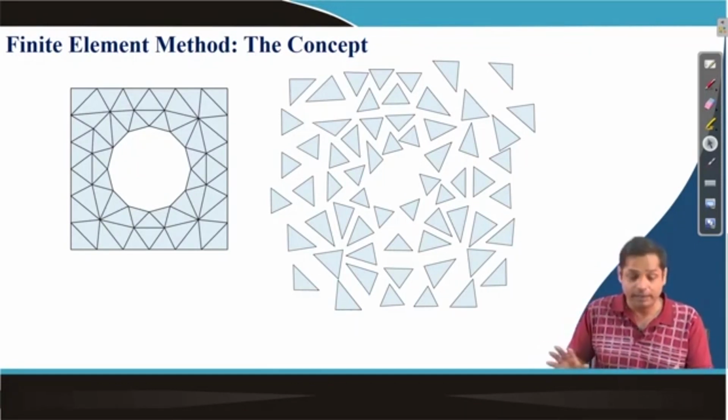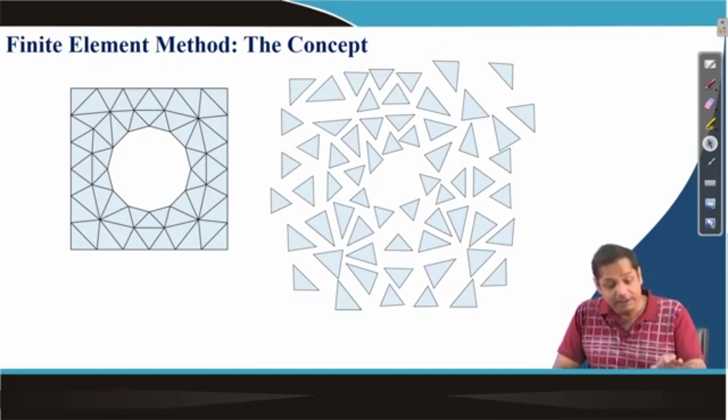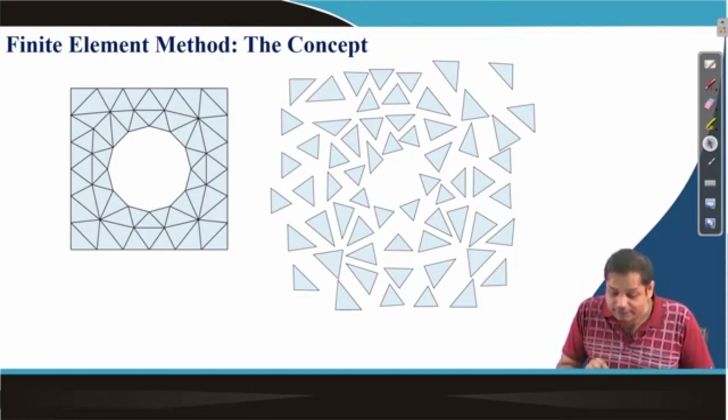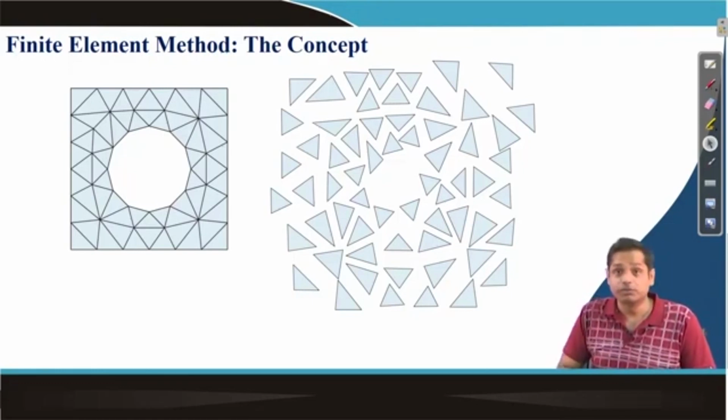That is our problem, right? So if the governing equation is satisfied over the entire domain, it means at every subdomain this governing equation needs to be satisfied. Okay. So next, in every triangle, every subdomain, these governing equations need to be satisfied.